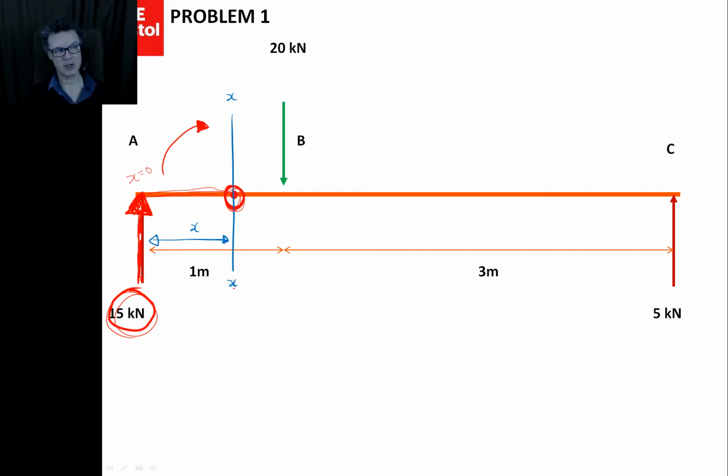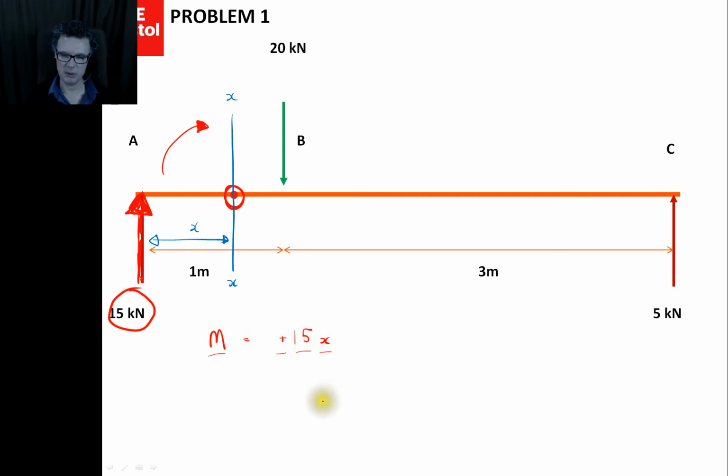Is it positive or negative? Well, the convention we decided is that if it's clockwise, it's going to be positive. So this is going to cause a positive moment. We've decided to call these M. We've got the force 15, the distance x, and a plus for positive moments.